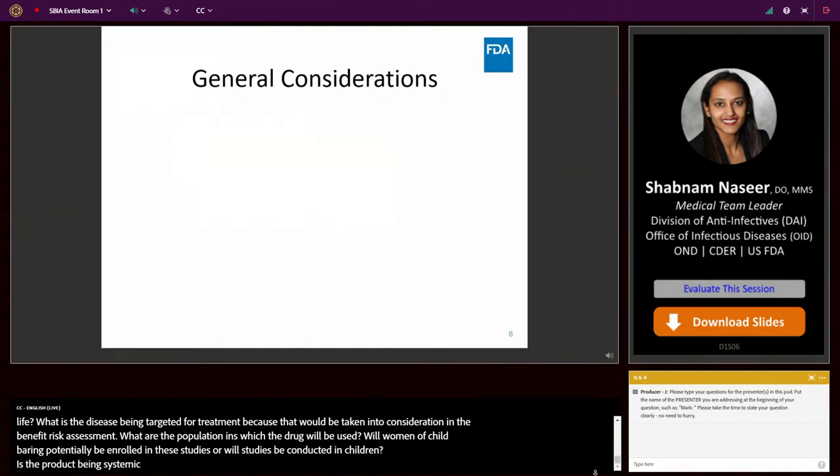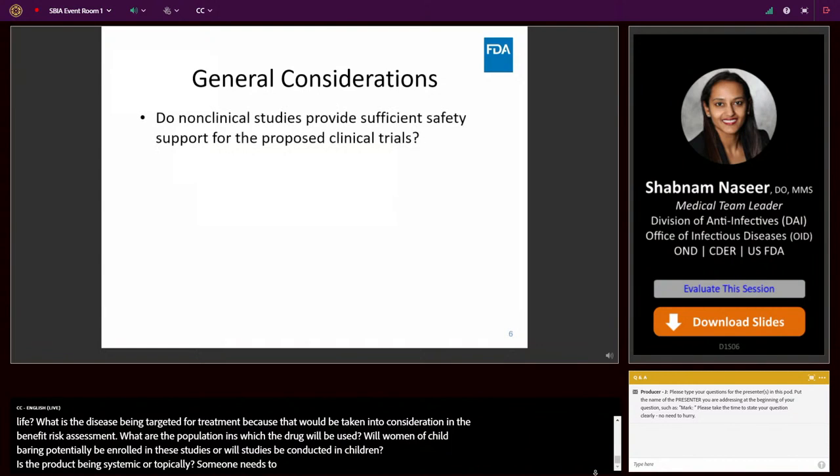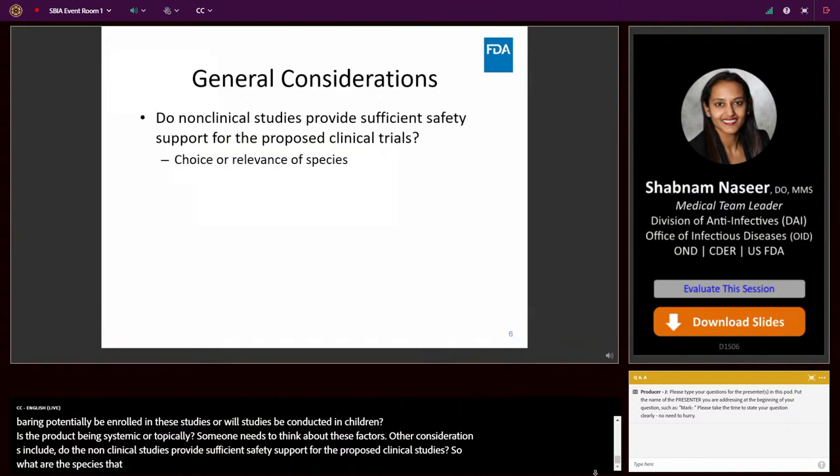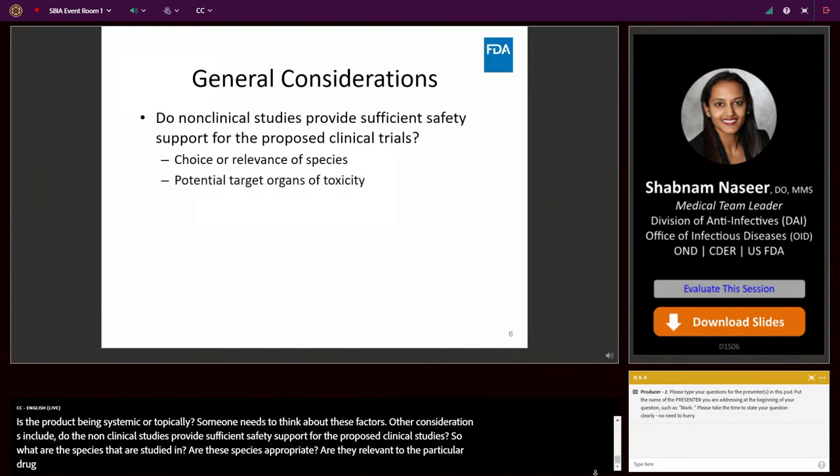Some other considerations include, do the non-clinical studies provide sufficient safety support for the proposed clinical studies? So what are the species that they are studied in? Are these species appropriate, and are they relevant to the particular drug? Were the potential target organs of toxicity identified? What was the duration studied in the animals?